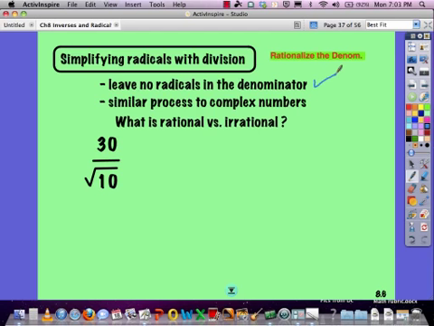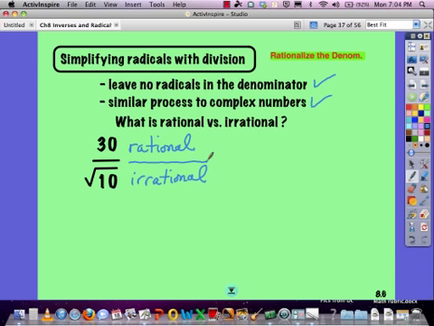So if I looked at this right now, the 30, which is a numerator, is a rational number. Now it doesn't mean we have to have a whole, because a fraction by itself is rational. But right now, this radical underneath is not a perfect square combination, and it's considered to be irrational. And so by those standards, right now, the denominator is irrational and the numerator is rational.